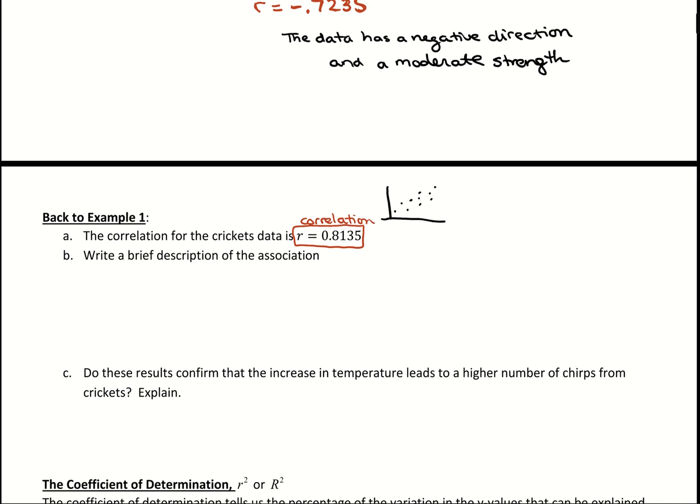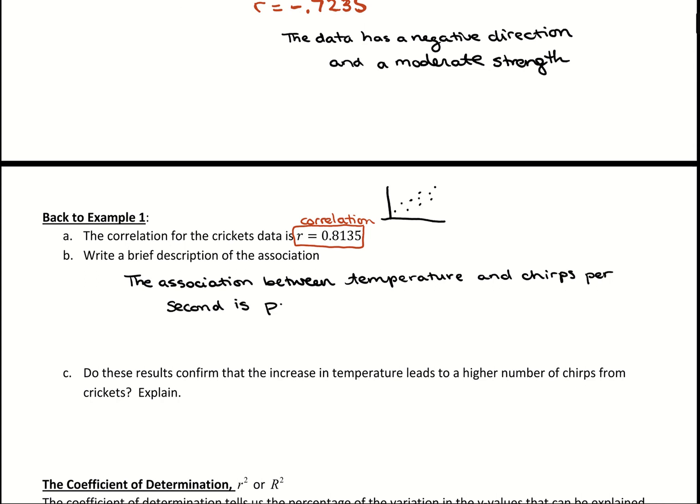So what we could say is the association between temperature and chirps per second is positive and strong.